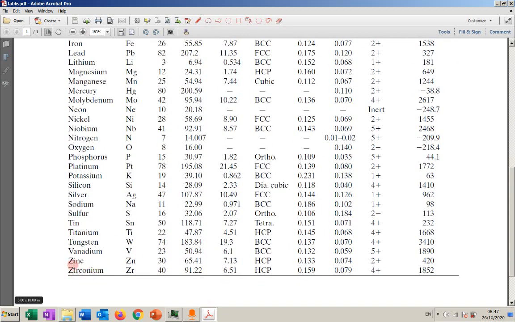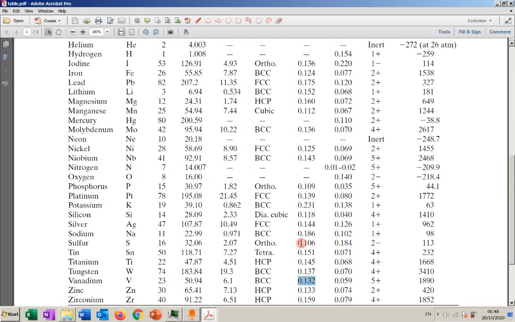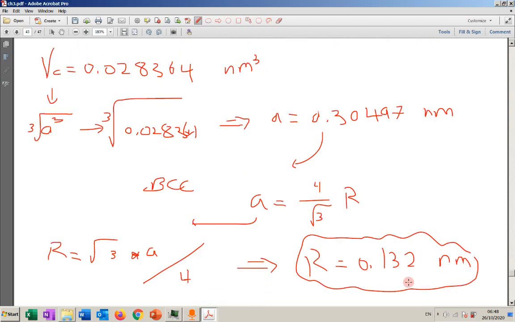That will be somewhere here, vanadium, and atomic radius 0.132. That's the atomic radius, so it is 0.132, and we calculated 0.132 based on what? Based on having the density, and we know the element, we can calculate the radius.